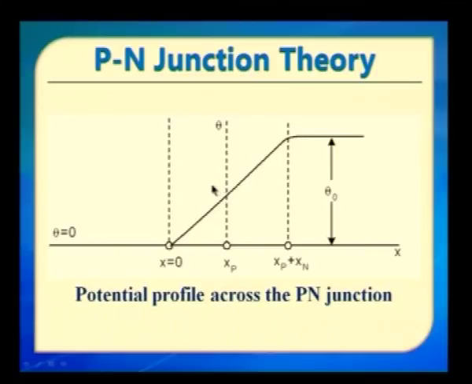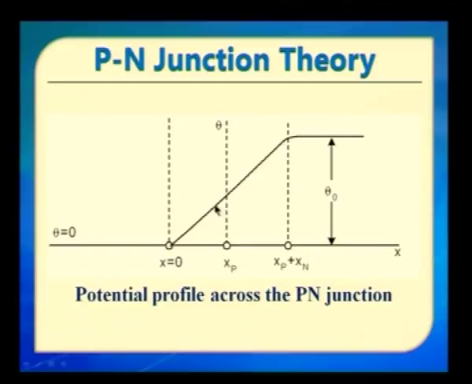What I mean by this is, if you have a particle here, it may be an electron or a hole, it has to overcome a barrier theta naught in order to go from this region to this region, and similarly for a particle from here to here also it has to overcome a potential barrier. You can have a mirror reflection.